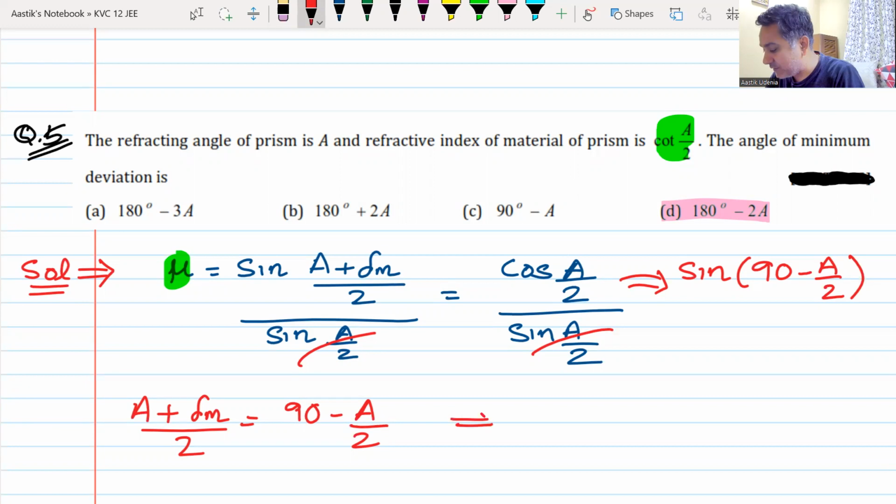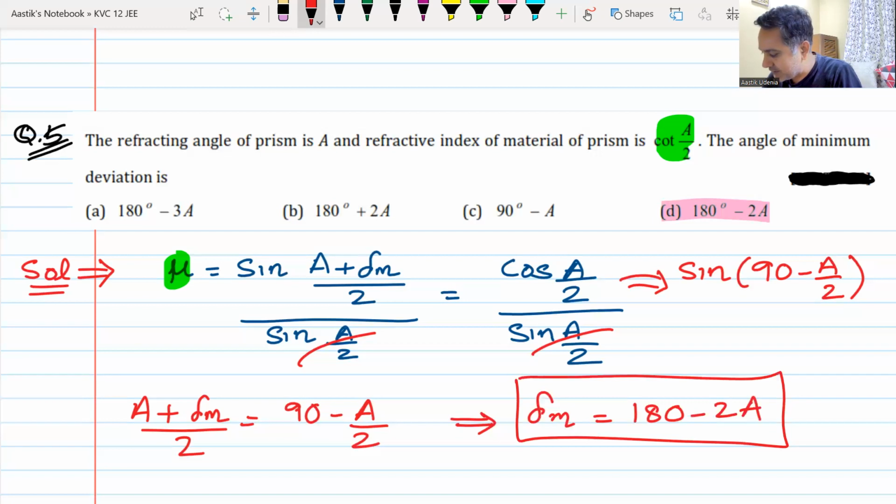I'm not going to solve it any further because if I solve it any further, I would be doing injustice to you. So the final answer that you are going to get, my dear friends, will be 180 minus 2A. Do we understand this? Yes or no?